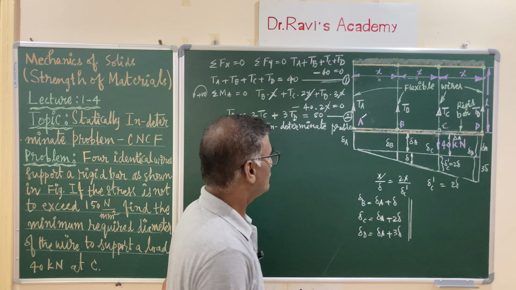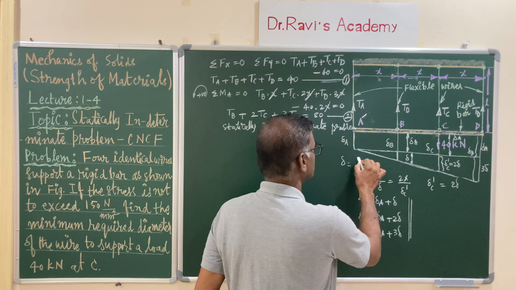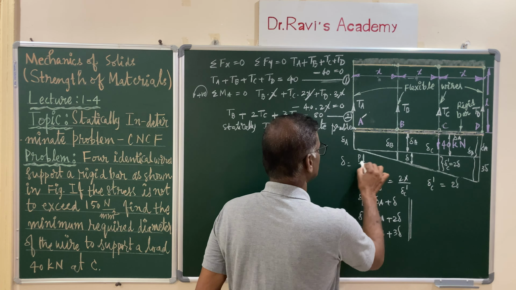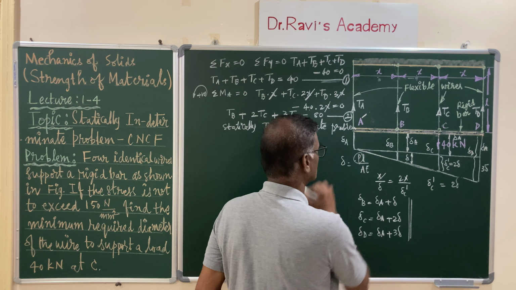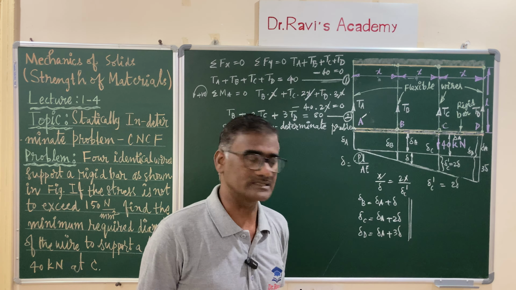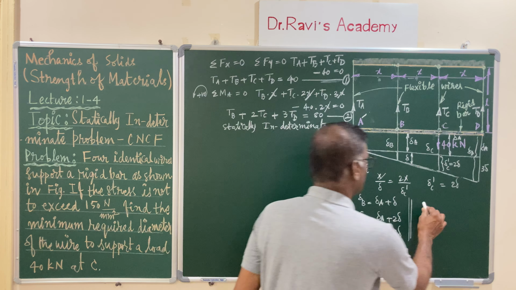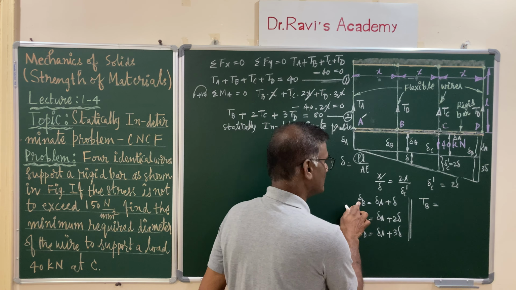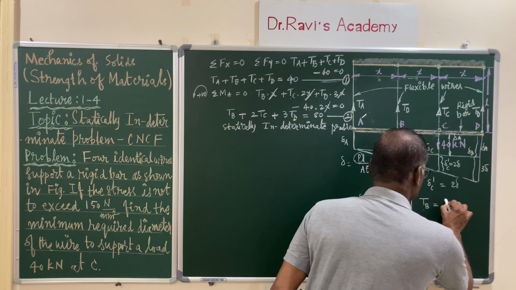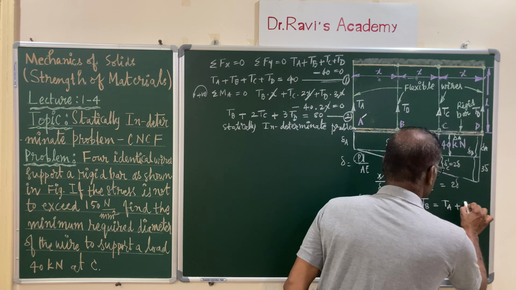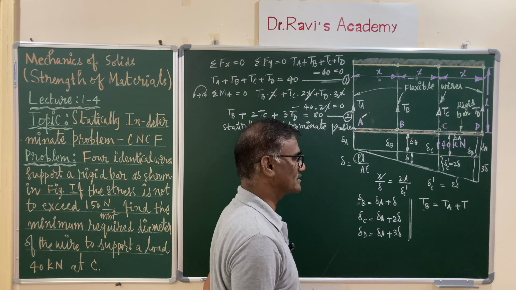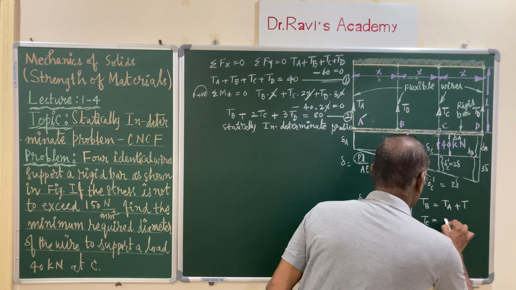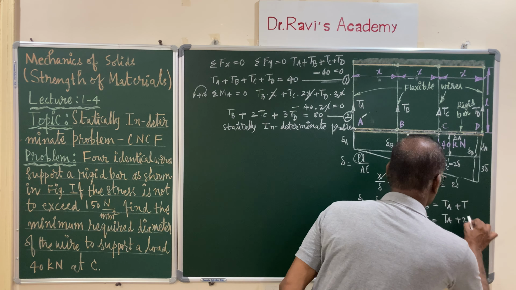As you know very well, the extension of the bar is proportional to the load. The equation is PL by AE, so delta is proportional to load. Here the loads are tensile forces. You can replace delta B with the tension in B, which is equal to the tension in A plus some additional tension T. For delta C, TC is TA plus 2T.